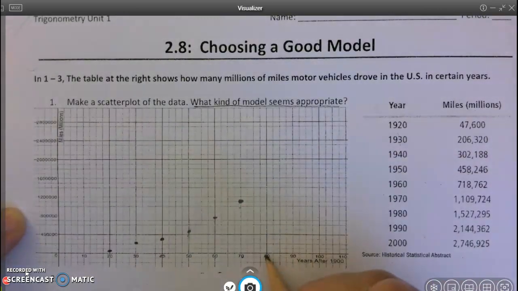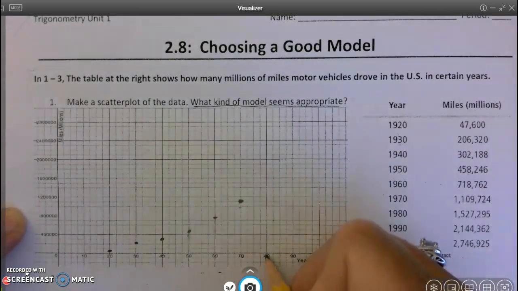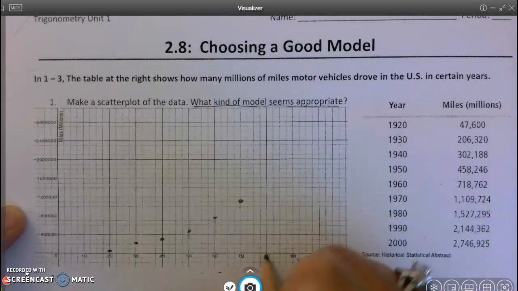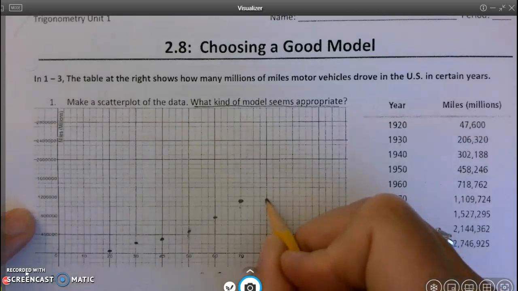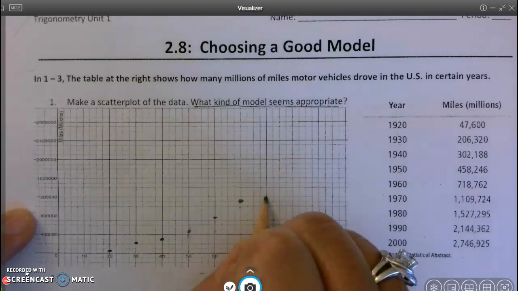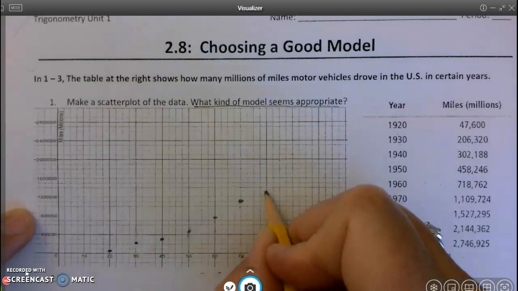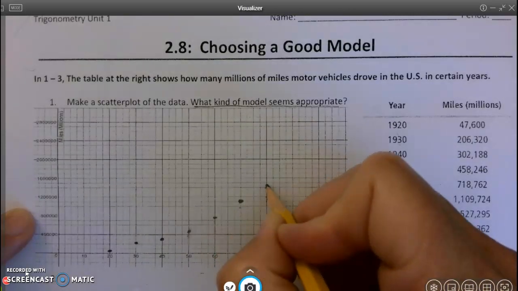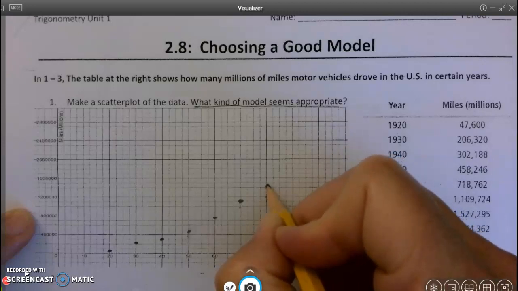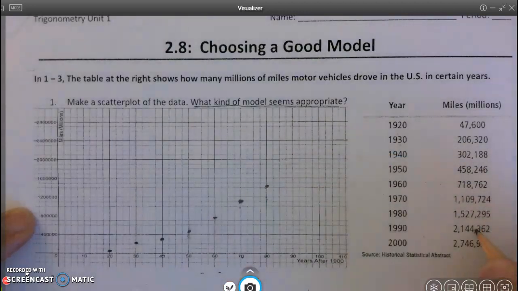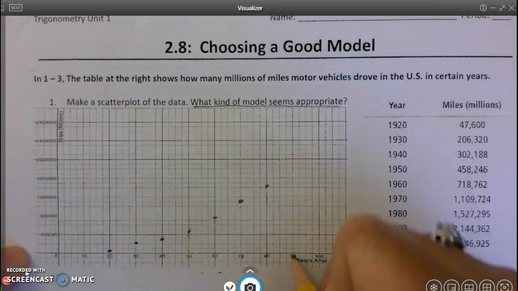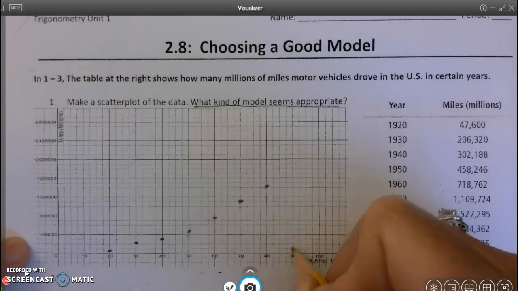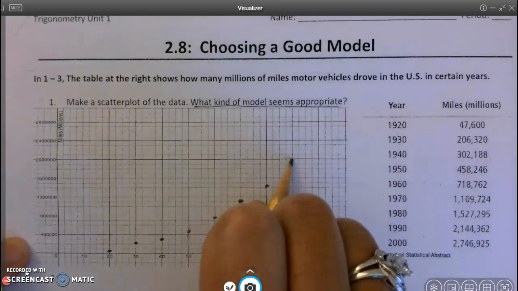Next one, 1980, is going to be at around 15, so 1,500,000 approximately. So that's the 120, 130, 140, 150, a little bit above. So I'll go to right about there. Just want to show you how I'm going to have to do some approximating here. 1990. All right, so this right up here is my 200.